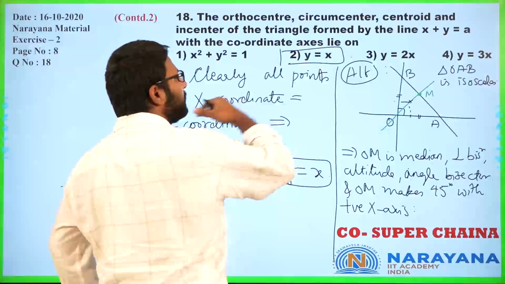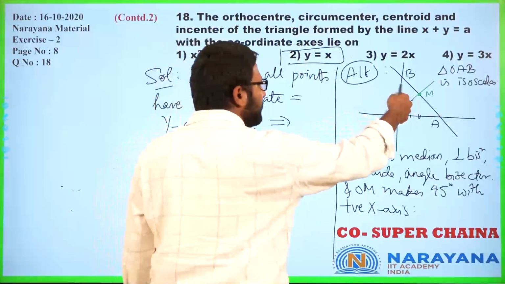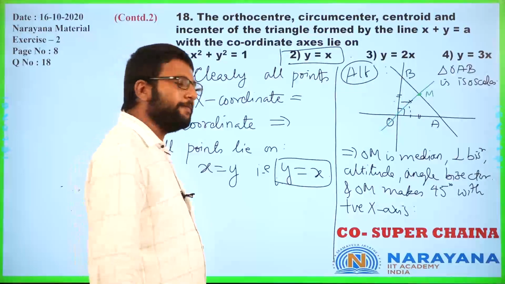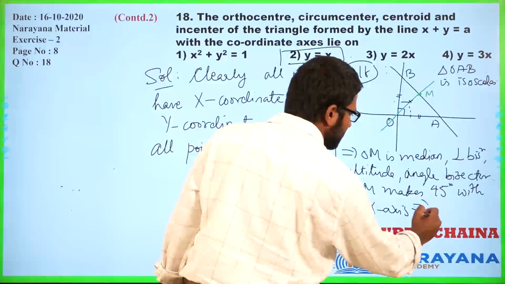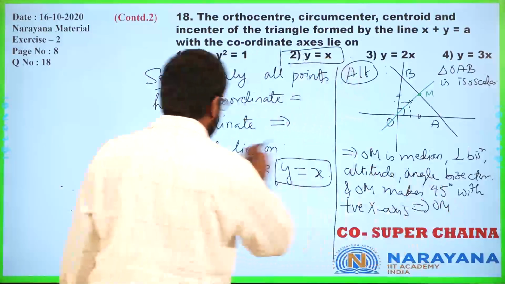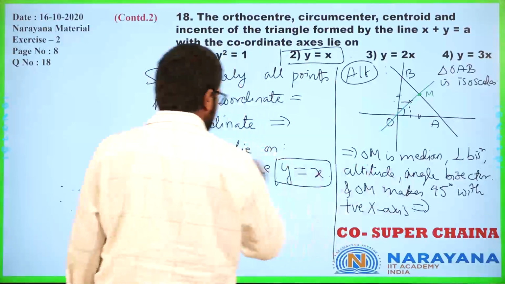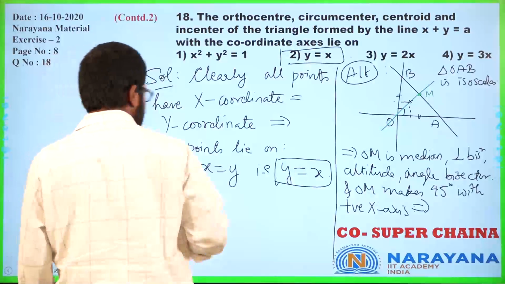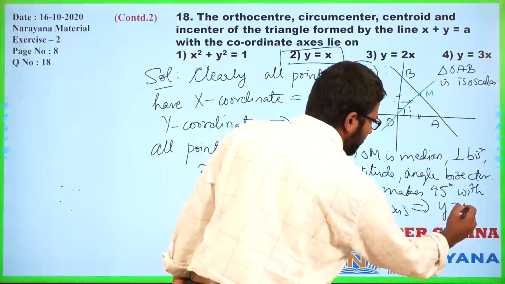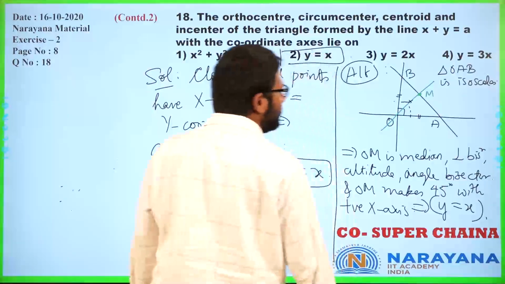Because it makes 45 degrees with positive x-axis, every x coordinate and every y coordinate on OM are going to be equal. So that should be enough. Because there is no space, I will just write y equal to x. y equal to x is the equation of OM.